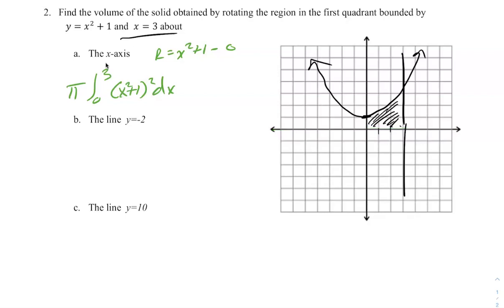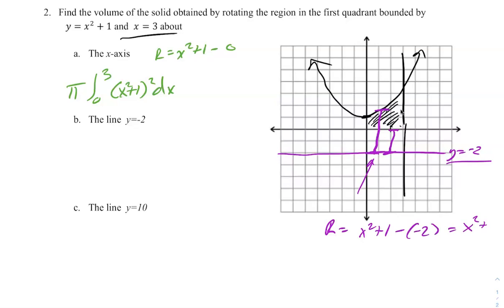Next, y equals negative 2. So now we're going to spin across y equals negative 2. It's still bounded by the first quadrant, and we're spinning around there. This would be a washer method. So I need to find the big R, and there's this guy and this guy. Big R is x squared plus 1 minus the thing you're rotating against, negative 2, which gets me x squared plus 3.